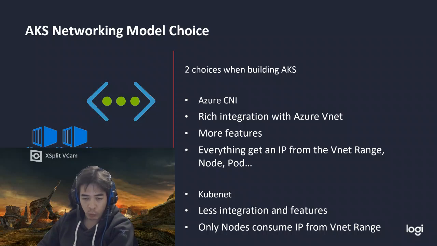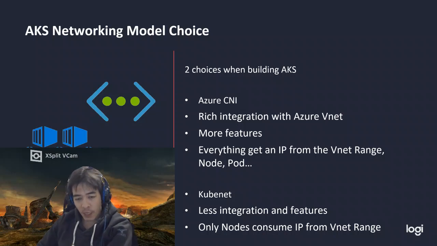CNI is not specifically something from Azure. This is the general name for the network interfaces for Kubernetes, and the one in Azure is called Azure CNI. The second one is called kubenet, available for AKS. This is not specifically related to AKS, but in my experience, I've seen this one only in Azure. We'll see the difference now.